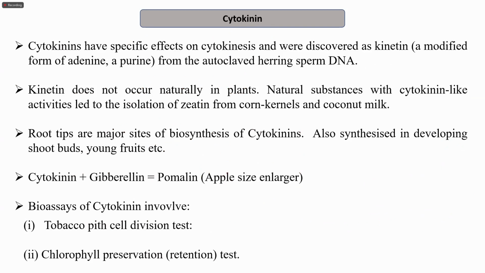Second type of plant growth regulator is cytokinin. So the term cytokinin we know was discovered by Skoog and Miller, where they saw that in tissue culture there is cytokinesis which was observed by Skoog and his co-workers, where he found that when the damaged DNA was used, then cytokinesis is promoted.